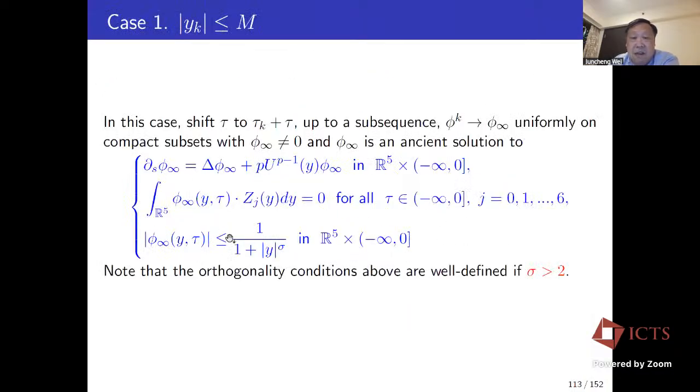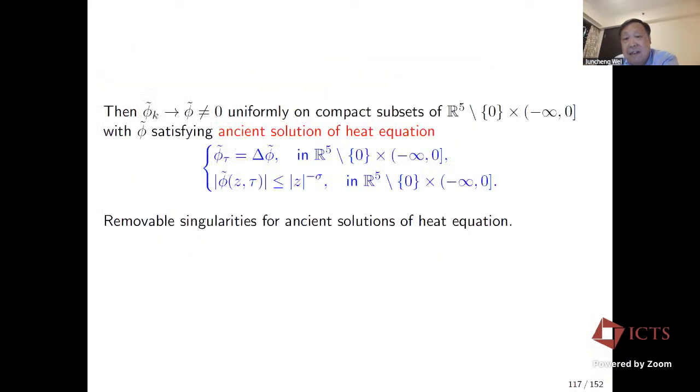The one limit is the ancient solution for the parabolic linearized problem, and the second one is the singular ancient solution for the heat equation with isolated singularity. And in both cases, we use the maximum principle and energy method. We get the proof. Okay.